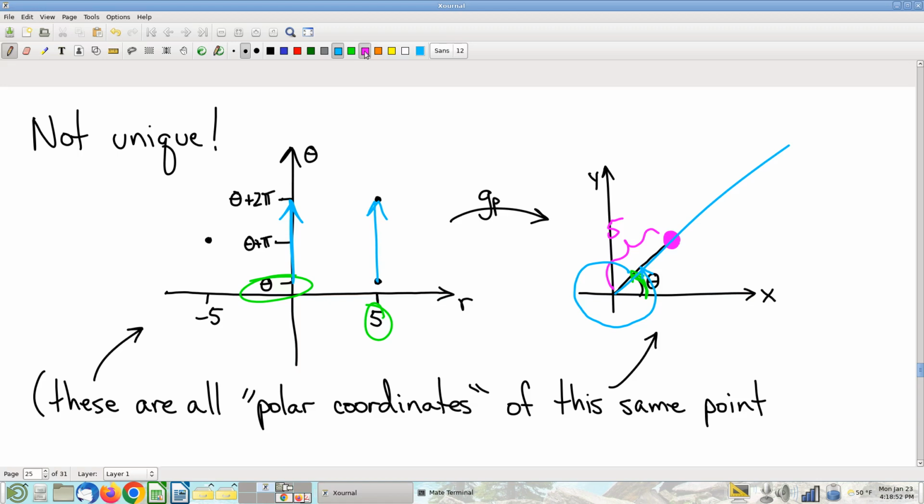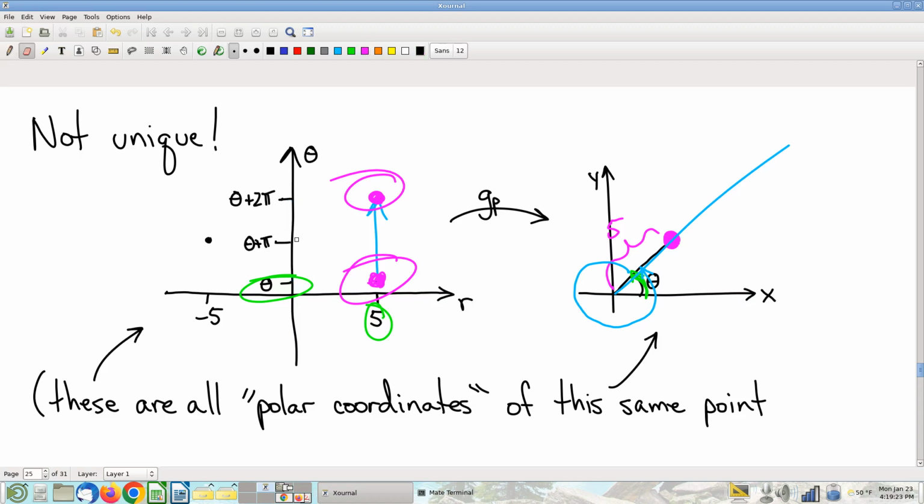And so this right here is just as good: 5, theta plus 2 pi, same point in the xy plane. So this is an example of the failure of uniqueness. This purple point has 2 different sets of polar coordinates that we've found so far. They're both equally good.